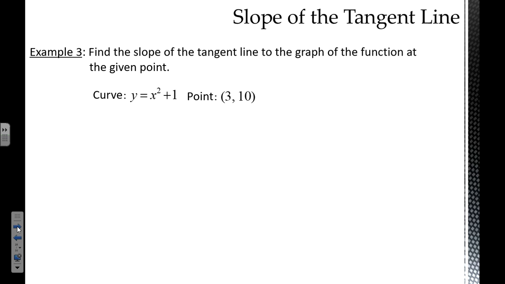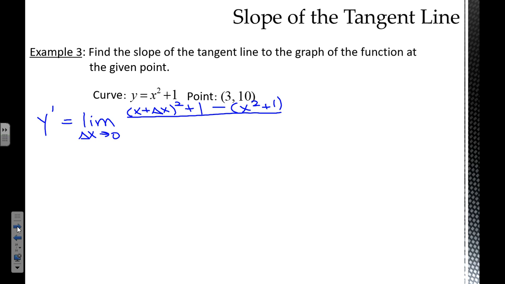All right. So the derivative, I'll call it y prime, is the limit as delta x approaches 0 of, okay, x squared plus 1. So (x plus delta x) squared plus 1 would be f of x plus delta x, minus the function in its entirety, all over delta x.